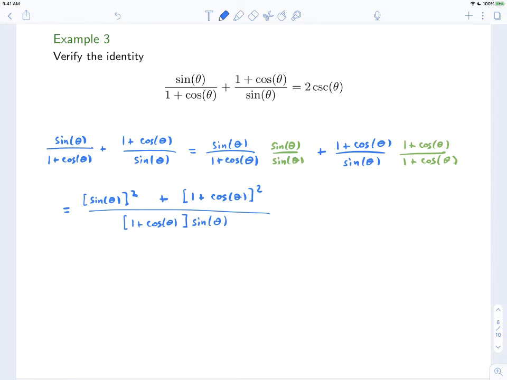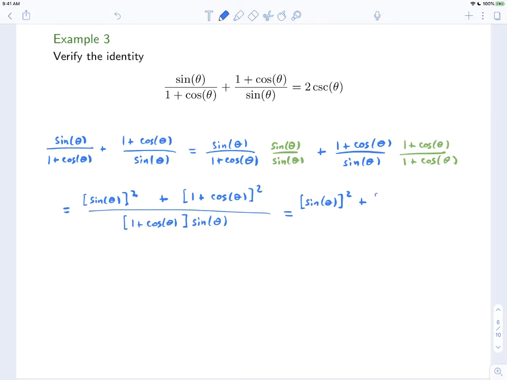All right, well, in the numerator, here we have a sine of theta quantity squared, and there's not much we can do with that now. But here we have 1 plus cosine theta quantity squared, so we can expand that. We can multiply it out. So first we have sine of theta quantity squared plus, and now the next thing we do is multiply 1 plus cosine theta with itself.